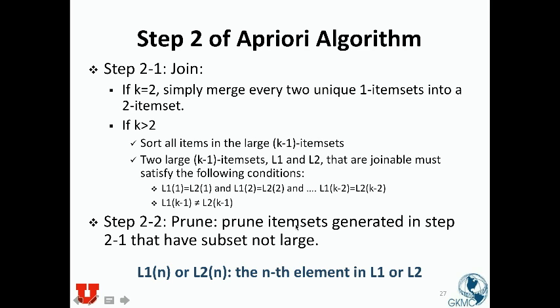Then we calculate the support level of the possible 3 item sets, evaluate whether they meet the minimum support threshold, and keep only the large 3 item sets. Then we come back to generate candidate large 4 item sets, evaluate whether they become large 4, and the large 4 will come back here to generate candidate large 5 item sets, and so on and so forth.